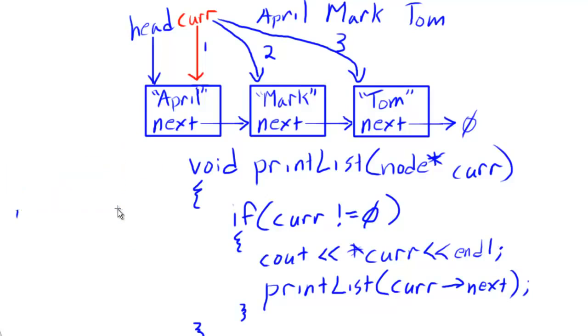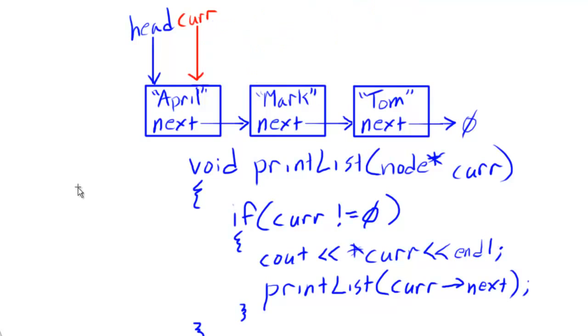Now, the interesting thing is the order that we have these particular statements. If we would have switched the ordering here, we'd have got our linked list, or at least the contents of our nodes, printed out in exactly the opposite order. So maybe I'll do that, just to show you exactly what's going to happen here.